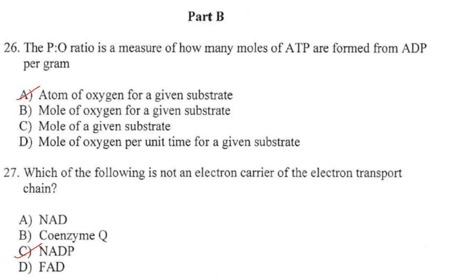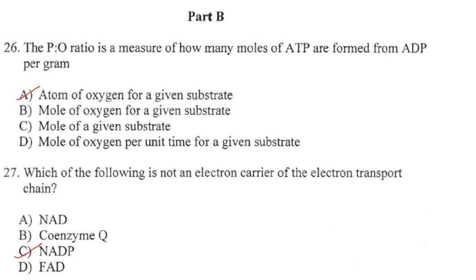Then the P/O ratio, P is to O ratio, is a measure of how many moles of ATP are formed from ADP. That is the number of phosphates that are fixed into ATP for every 2 electrons that pass from a substrate to reduce each atom of oxygen of molecular oxygen, for a given substrate.